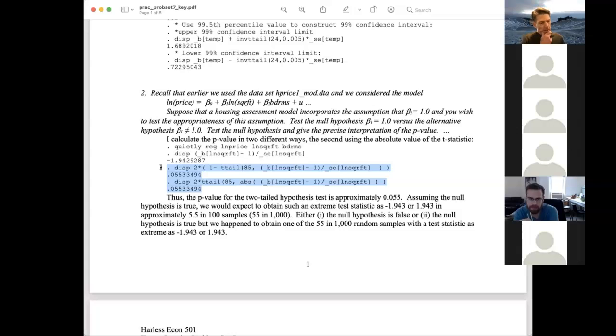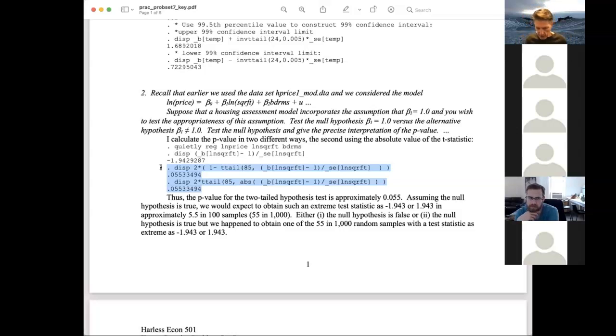So, what do we end up getting out of this? It doesn't quite reach the level of the preset significance level, but it doesn't seem like the null hypothesis should be completely off the hook either, because 0.055 is pretty darn close to 0.05.